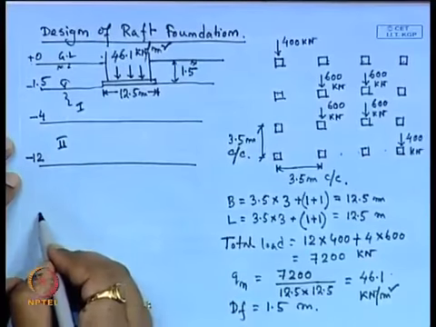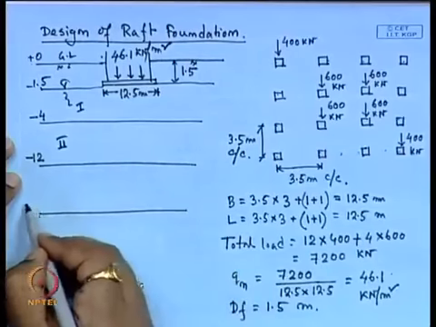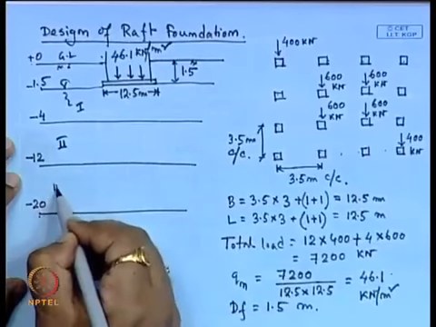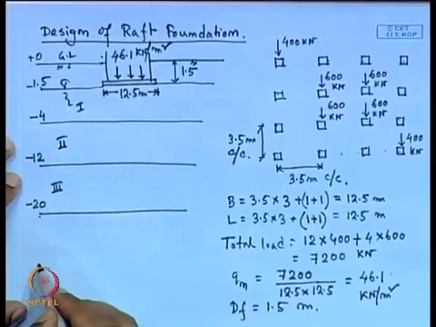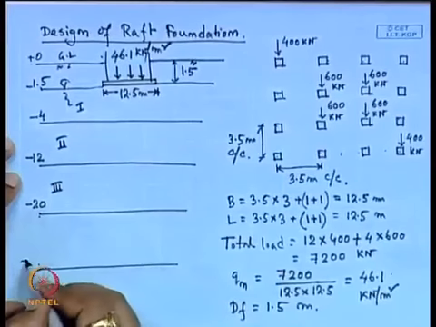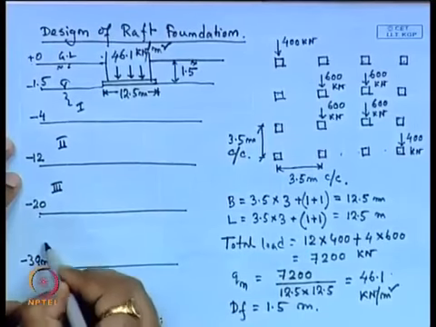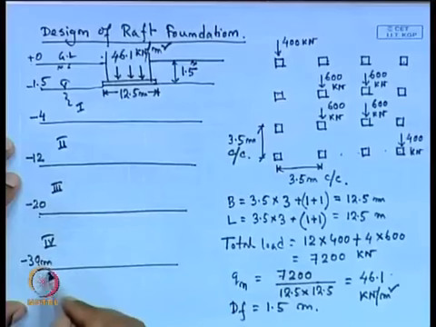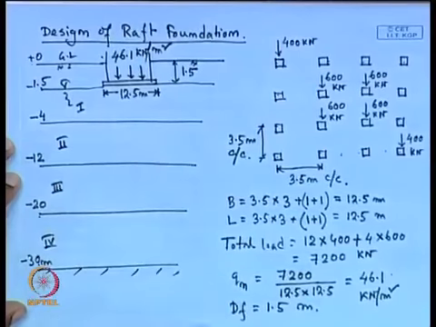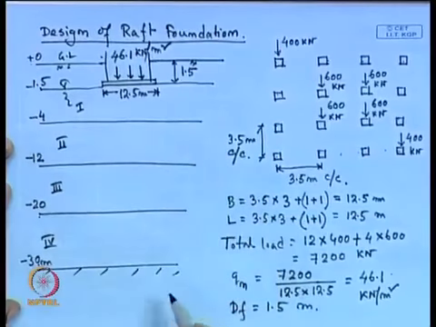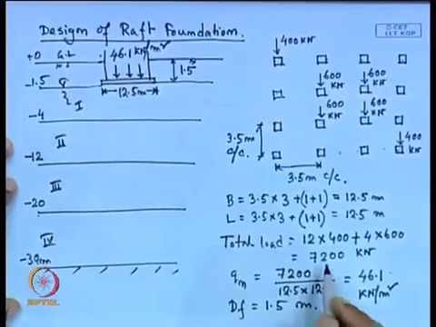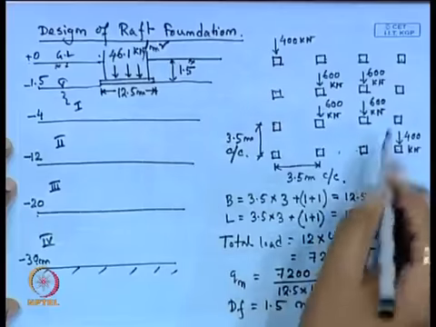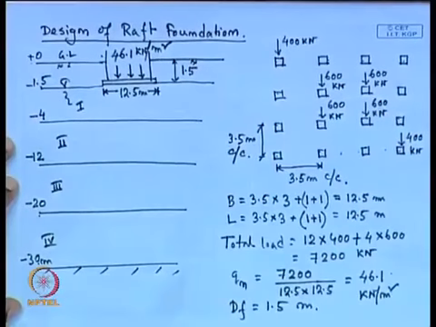Then 12 to 20 meter is the third layer. Then 20 to 30 meter is layer 4, and then there is the hard stratum. So, this is the soil condition, this is the loading condition, and these are the dimensions for the first trial. We have chosen this dimension, and this is the total load acting, and this is the foundation grid pattern.